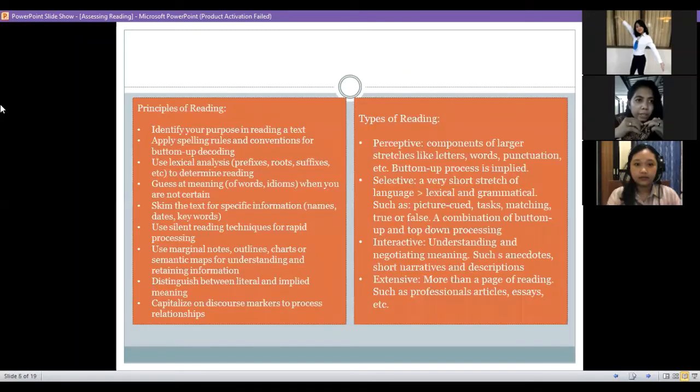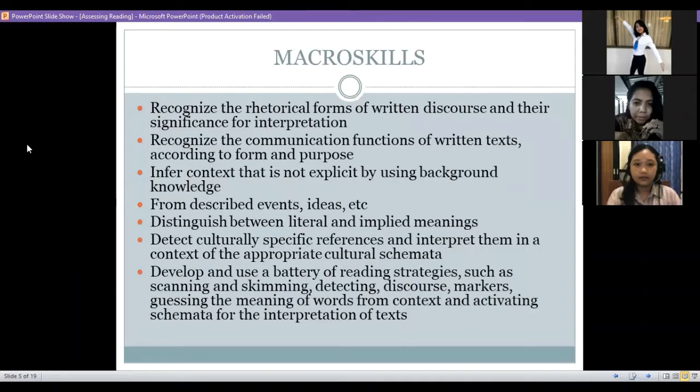And now let's take a look at the macro skills. Maybe the previous slide, please, Agatha. Okay, thank you. The first macro skill is to recognize the rhetorical forms of written discourse and their significance for interpretation. Second, recognize the communicative function of written text according to form and purpose.